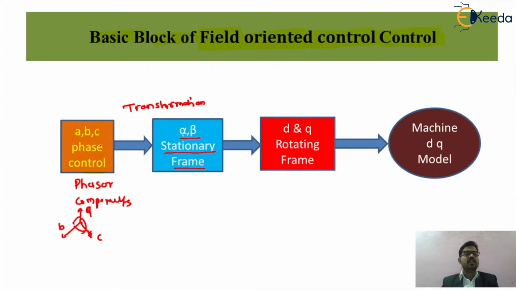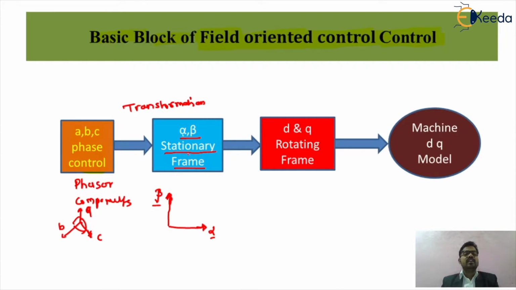Now we want to convert the three phase supply, by transformation, to the alpha and beta stationary frame. As we see, this is the stationary alpha frame and this is the beta frame. So now we are dividing the ABC components into the two stationary frames, and we convert them into alpha and beta.